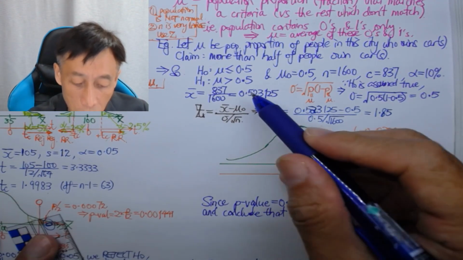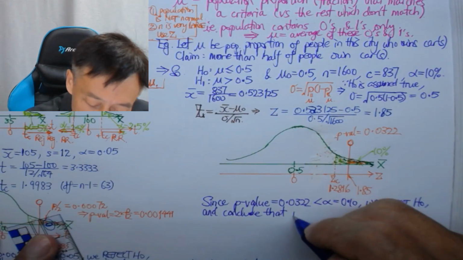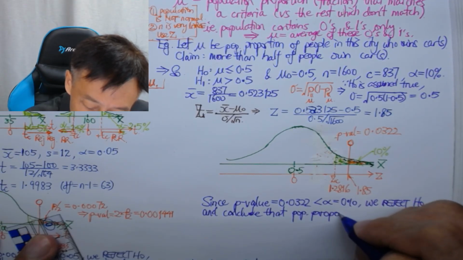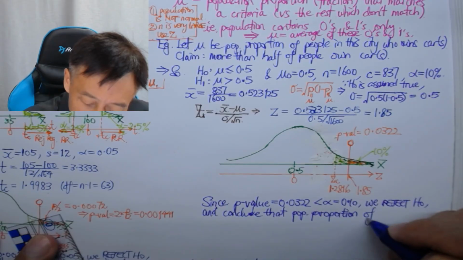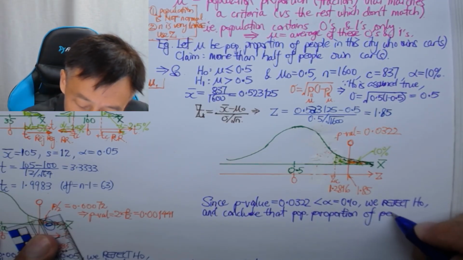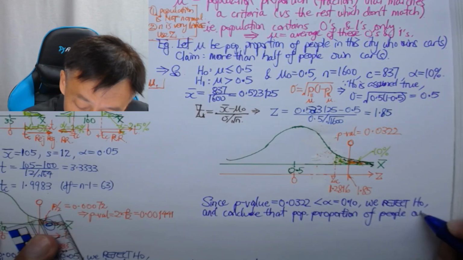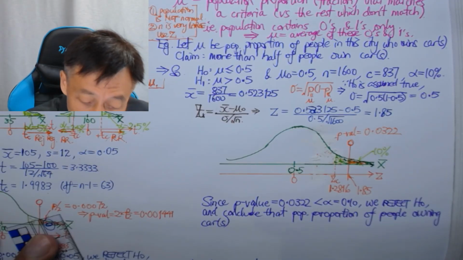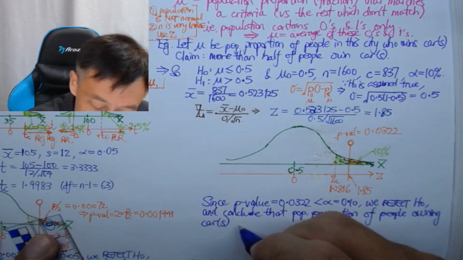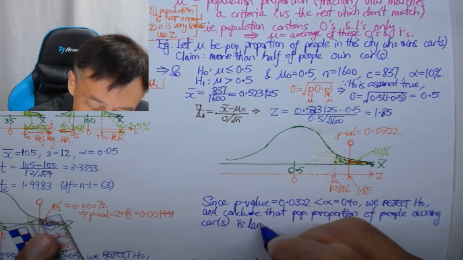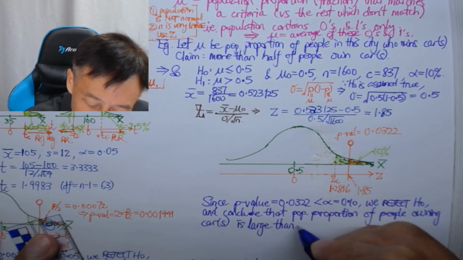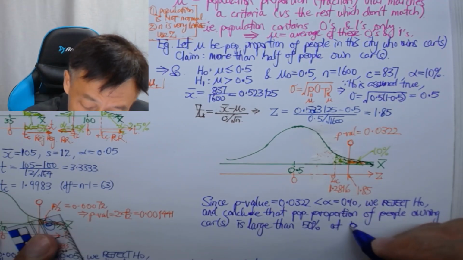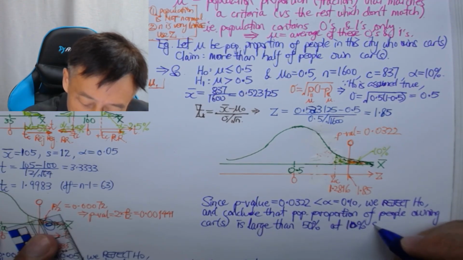Since we rejected H naught, we conclude H1, that the population proportion or population fraction of people owning cars is larger than 50%, right? At 10% significance level.